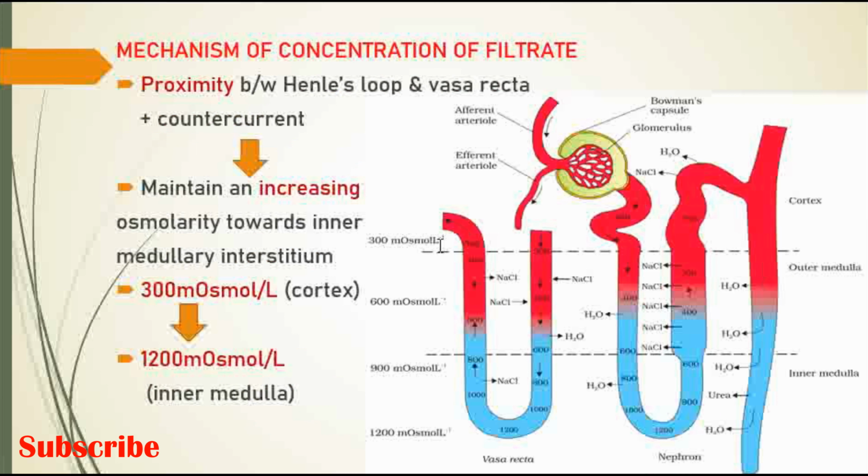Next, the Henle's loop and the vasa recta are in close proximity, near to each other. As we saw in the previous video, they are very near, and they wind around each other. These two loops, with the counter current, together create an increase in osmolarity.